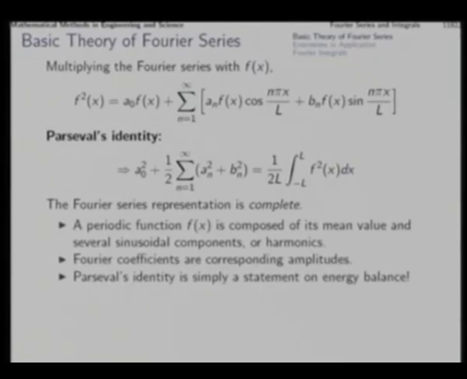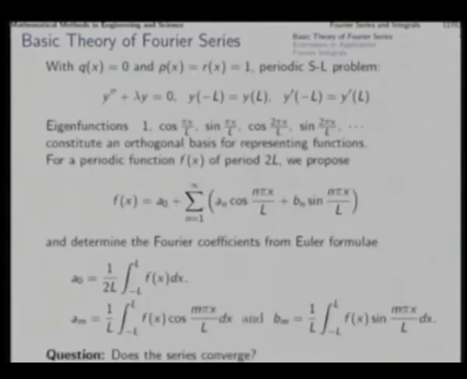And in many scientific applications, you will note that a periodic function f(x) is composed of its mean value and several sinusoidal components known as harmonics, and this mean value is given by the average part, which is here. Okay. This is the average value, mean value, and then these two terms with n equal to 1 is called the first harmonic, and then second harmonic, and so on.